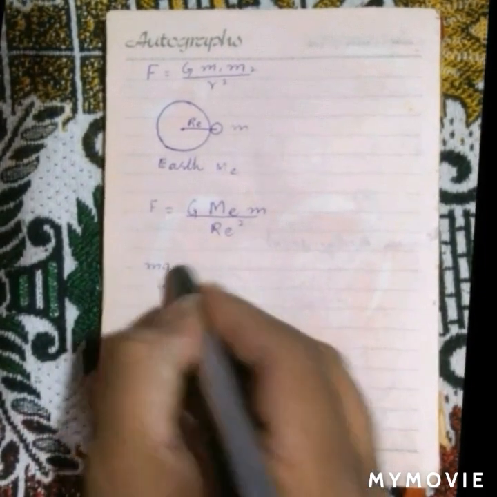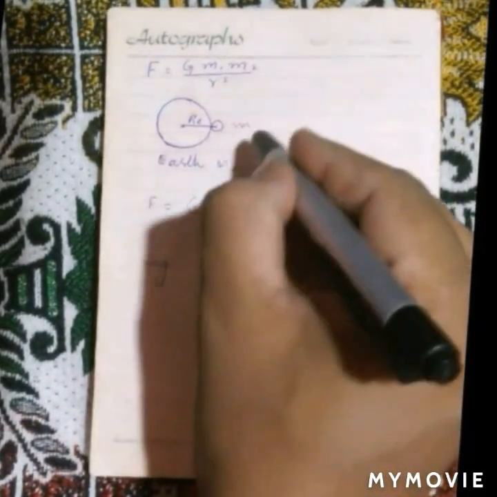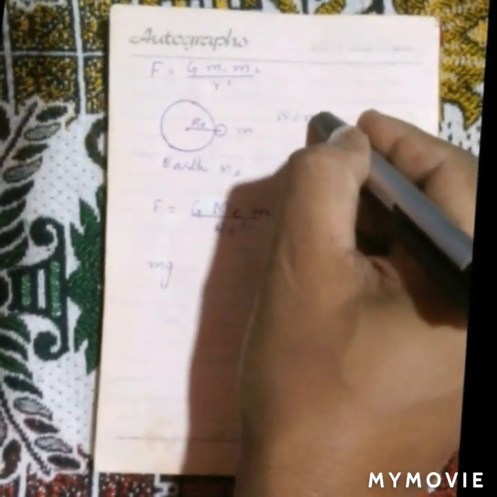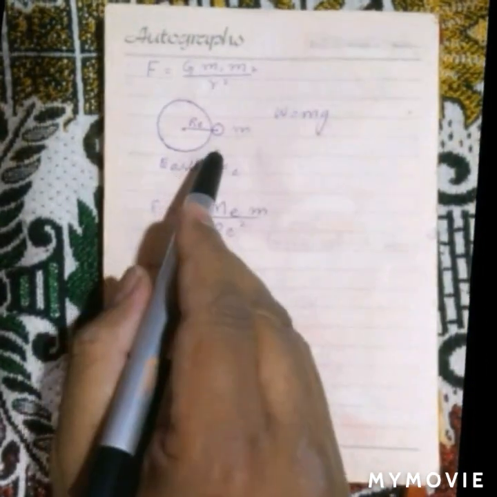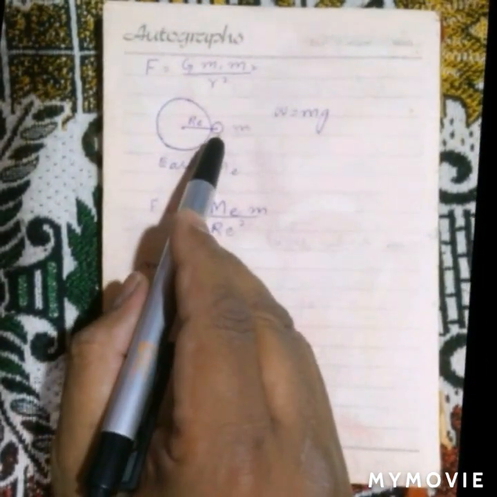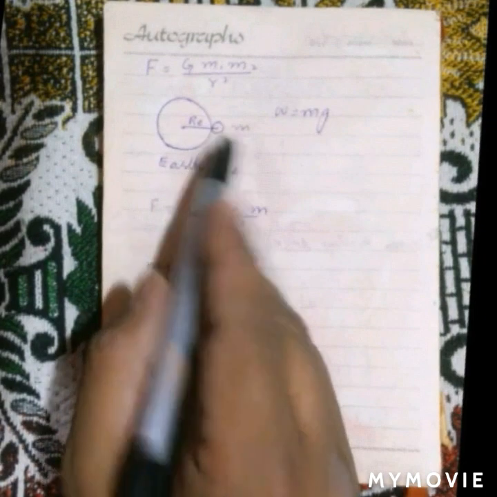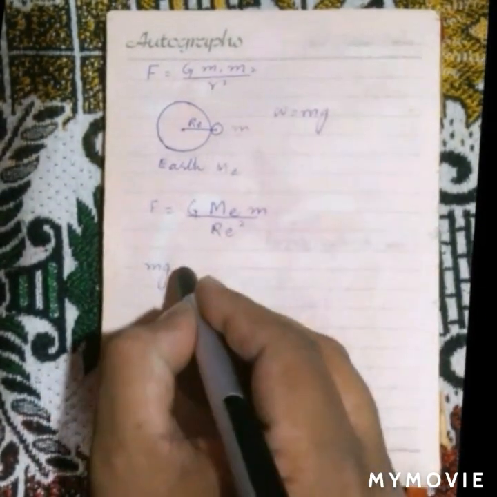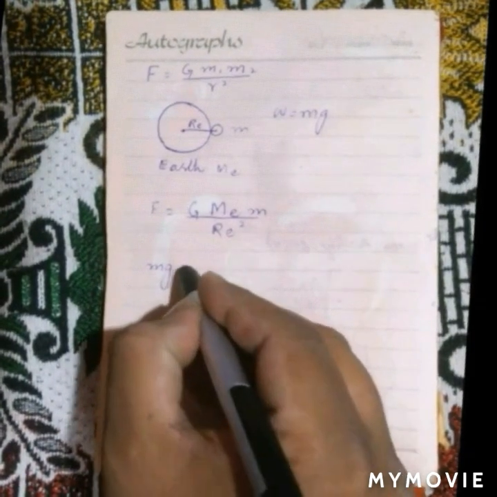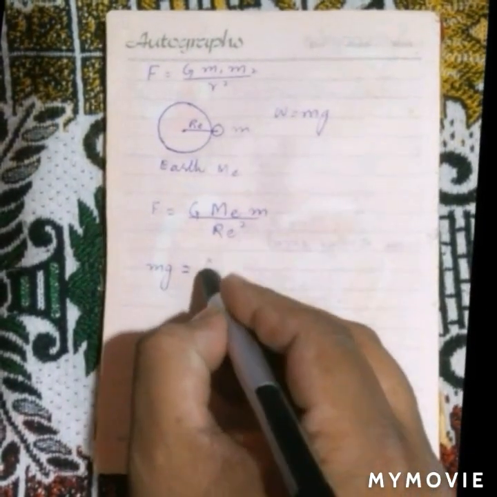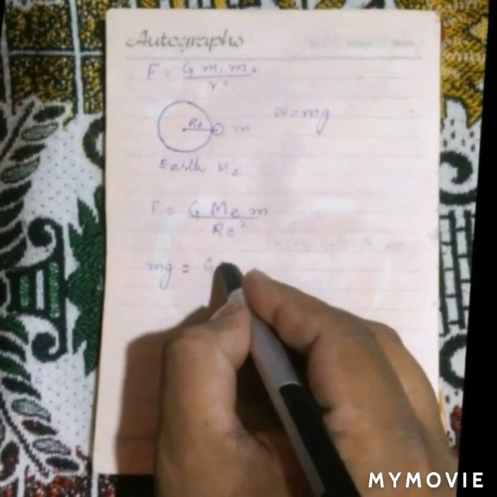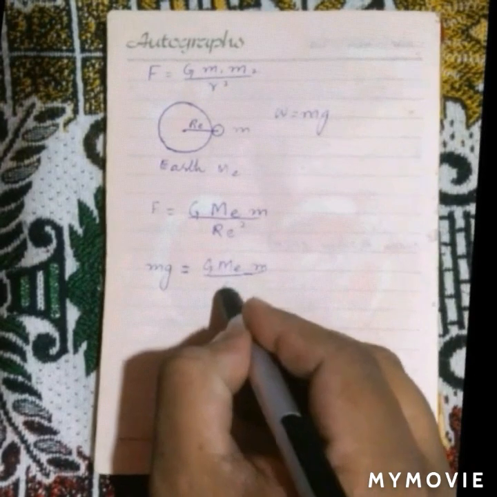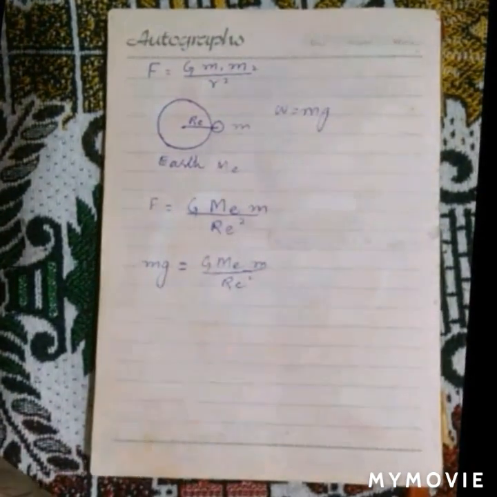We know that W is equal to mg, weight is equal to mg, which is the force that is being applied here by the earth on the ball. Now I have replaced force by mg, so we can say that force or weight mg is equal to G Me m upon r squared.